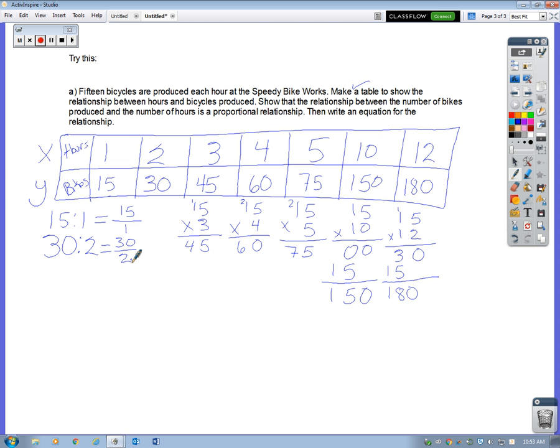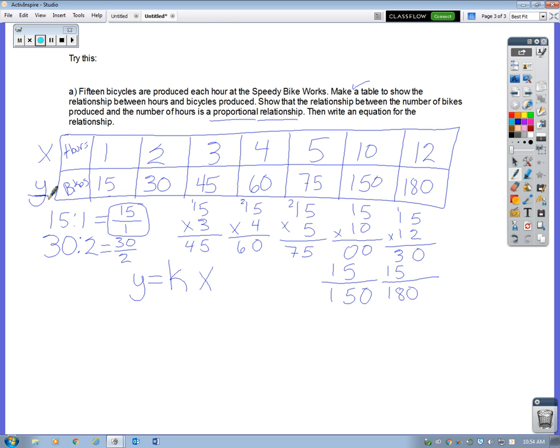Now we're going to write our equation for the relationship. So we can use this as our k, which is our proportional relationship. Okay? Remember, our equation is y equals kx. So we're going to pick one of the y's. Remember, this is the y, which is the number of bikes.